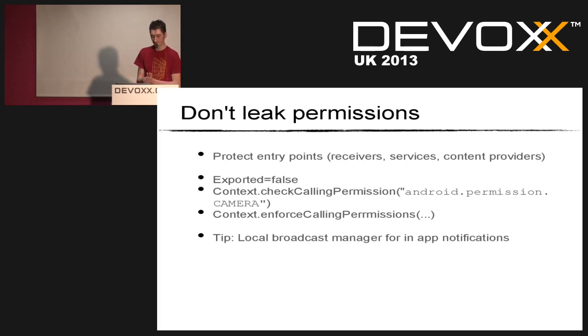The other point around permissions is to not leak them. If you're in doubt, when you're defining things like broadcast receivers and services and content providers, there's a flag in the manifest. You can set that as exported false, and it won't be accessible to other apps.